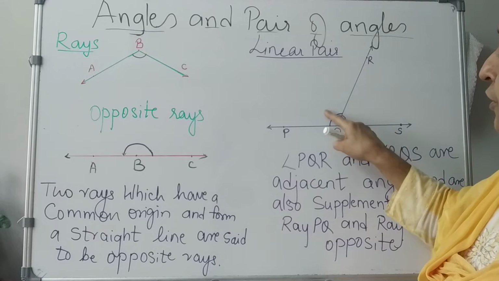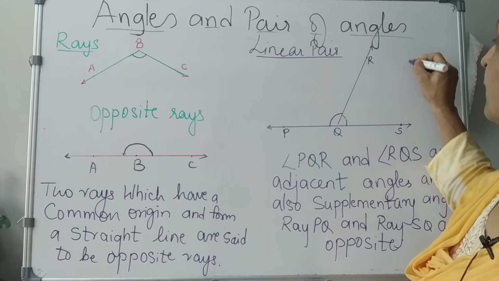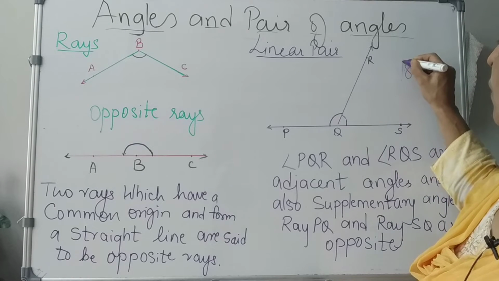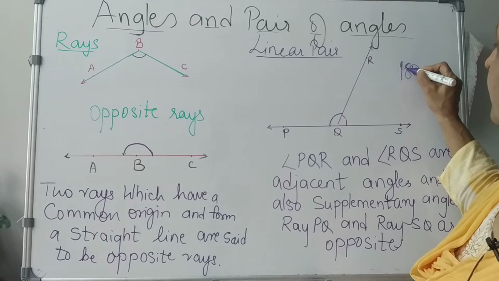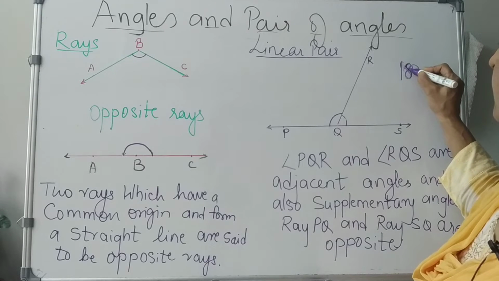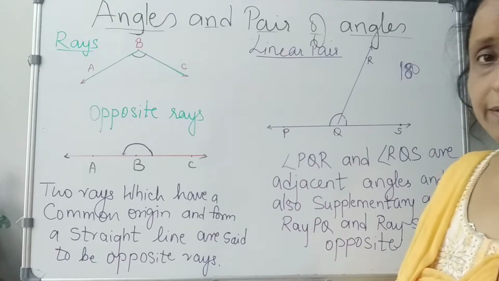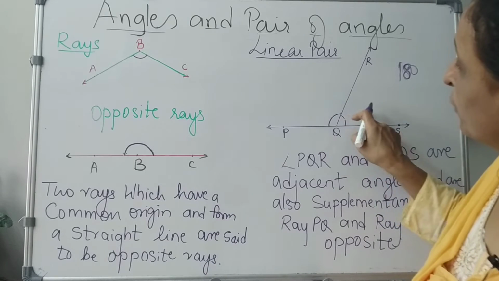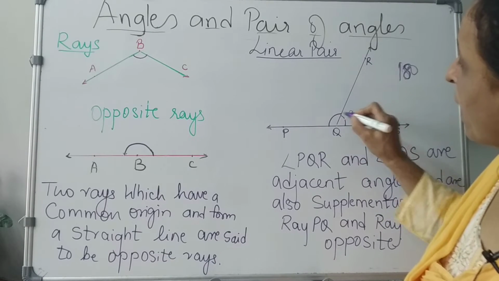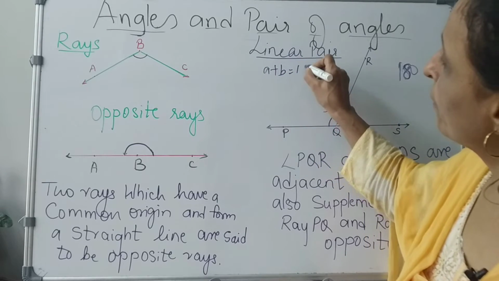Now if you measure this angle, it is going to be 180. Now what is 180? That is supplementary. If you measure these adjacent angles and add A plus B, then it is going to be 180.